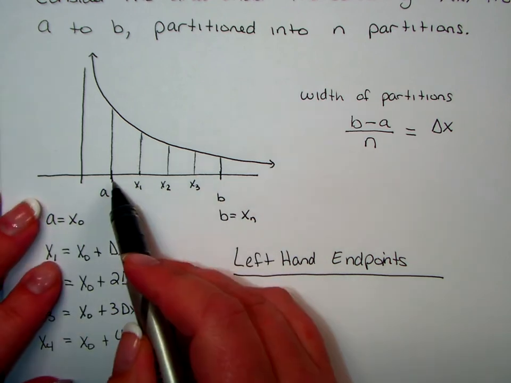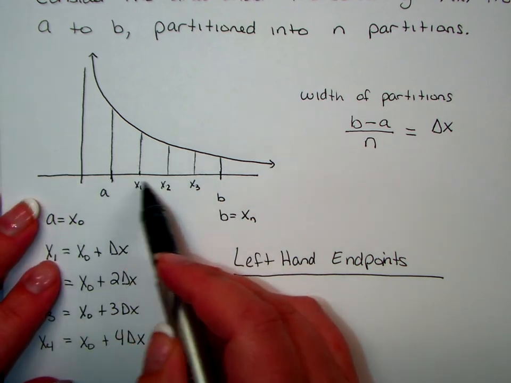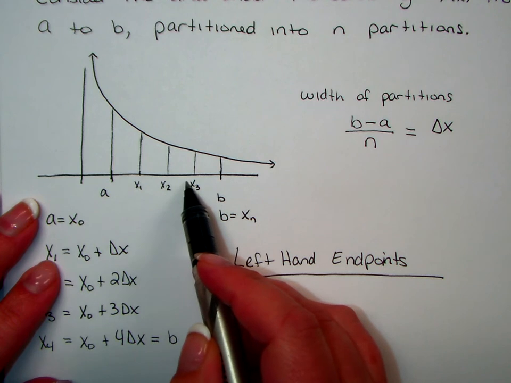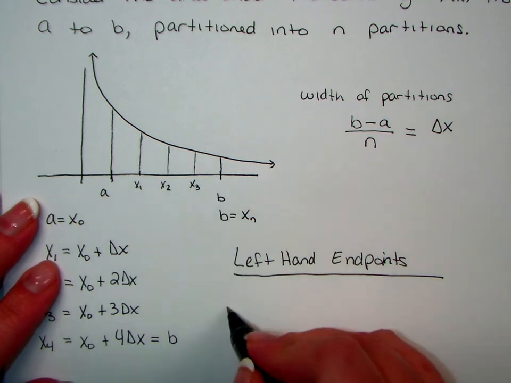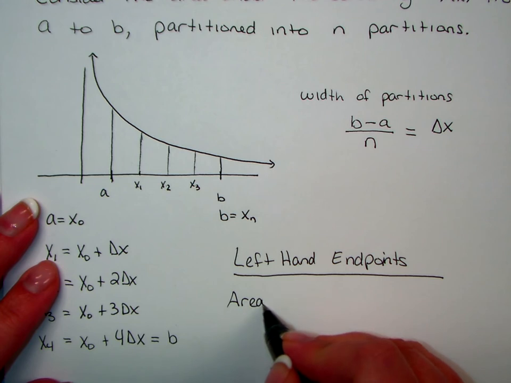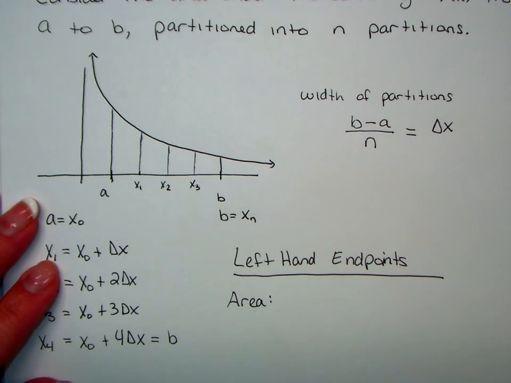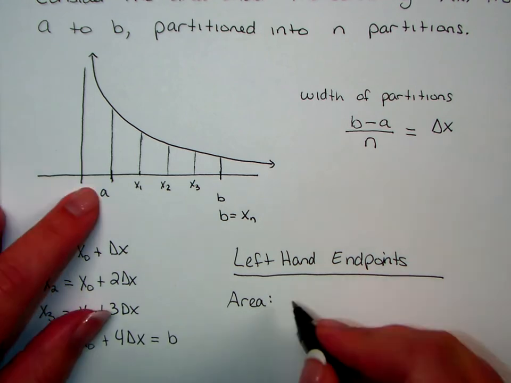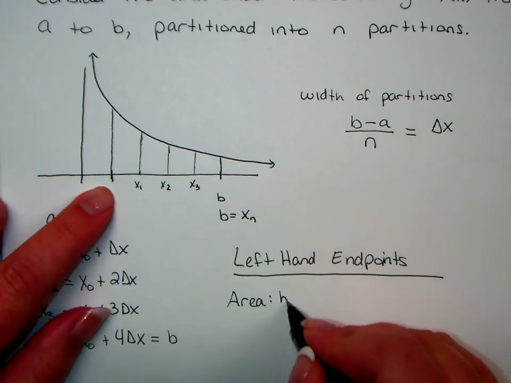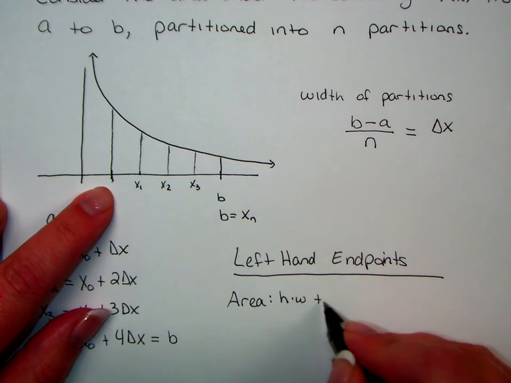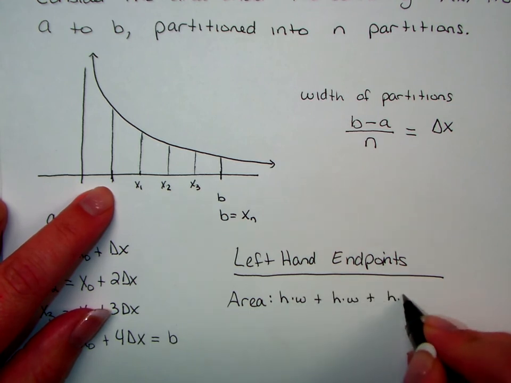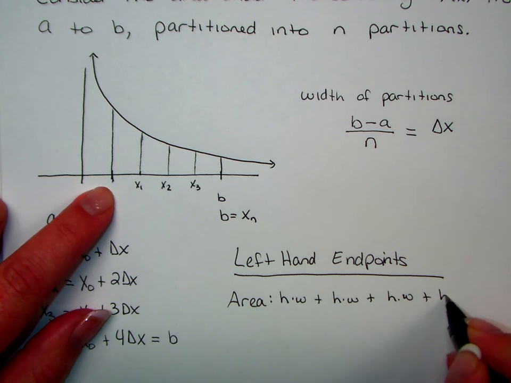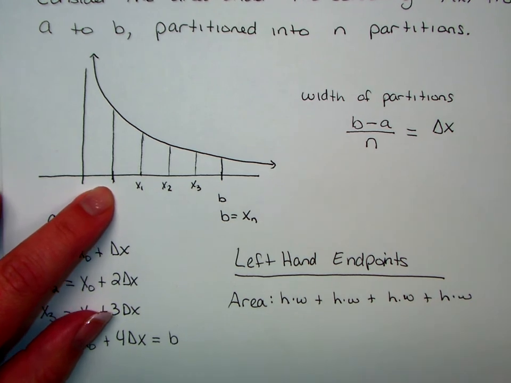But the width of these rectangles is always delta x, right? So in this particular case, if I wanted to find the area using 4 partitions, I just want to do the height times the width of all 4 of those rectangles.